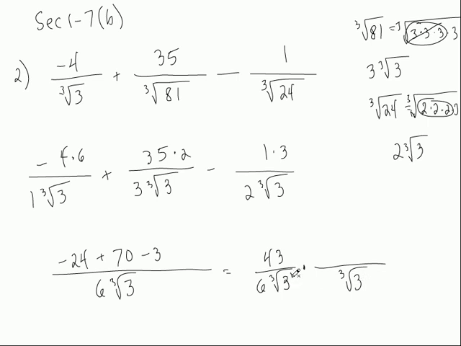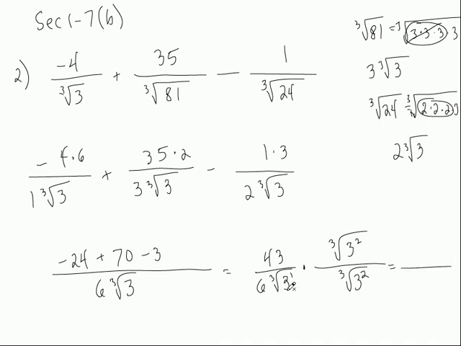So this is already 3 to the first, so this is going to be 3 to the, no, not to the third, because if I made it 3 to the third, this would be 3 to the first, 3 to the third to be 3 to the fourth. So I only need this to be 3 to the second. Okay? Does that make sense? So now I do the same thing to the top, don't I? 3 to the second.